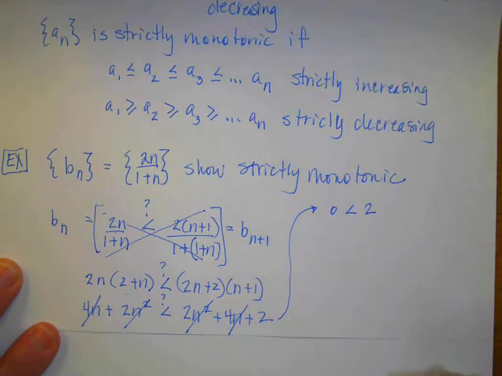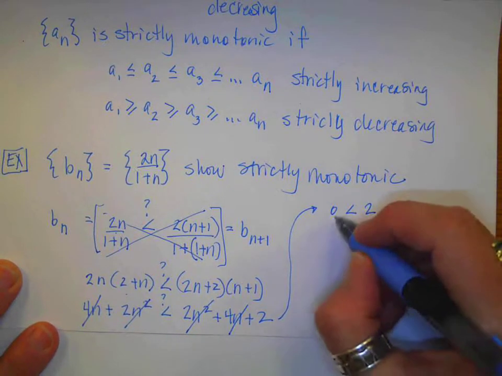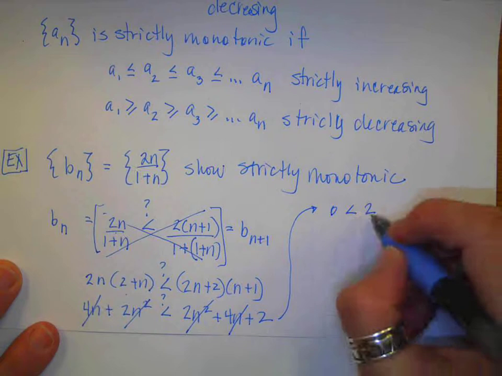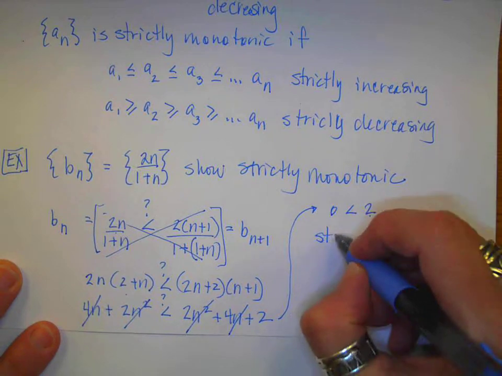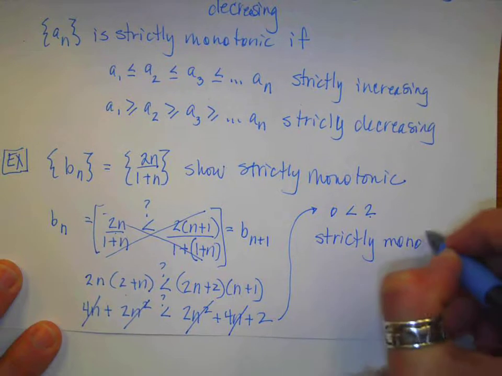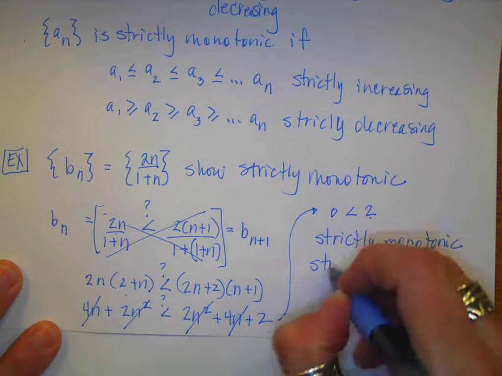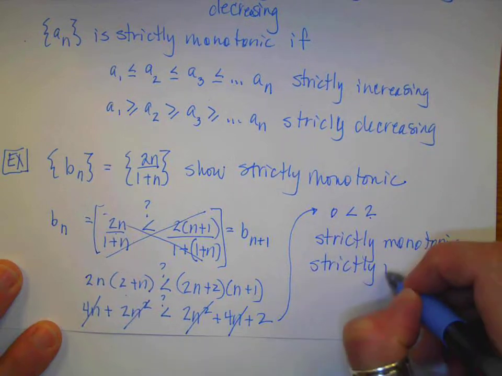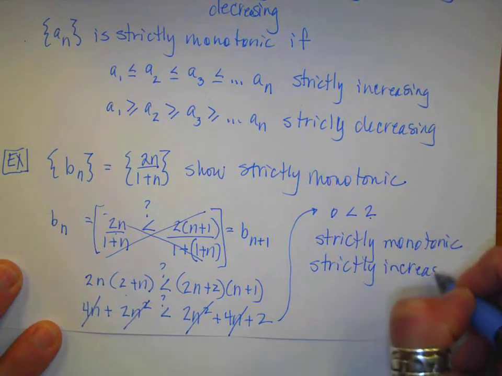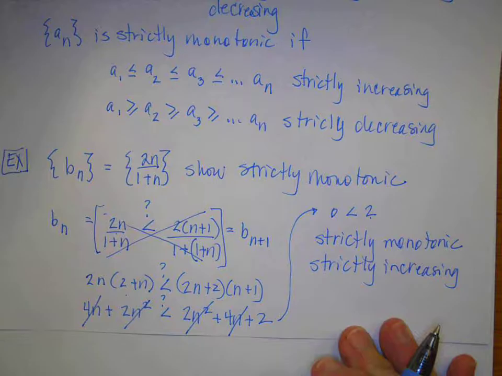The resulting statement is that 0 is less than 2, and you're going to say, well, yeah, duh. So that means that because this statement is true, and this term is less than this term, then this is strictly monotonic. And we could even go so far as to say that this is strictly increasing, because the previous term is less than the subsequent term.